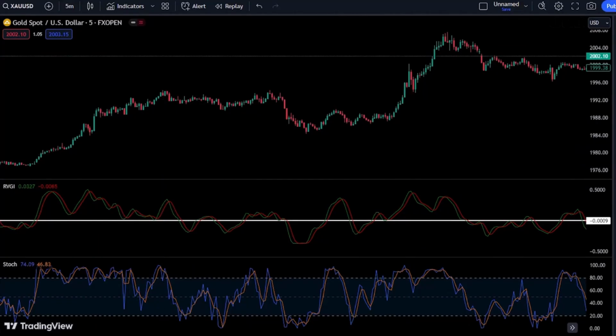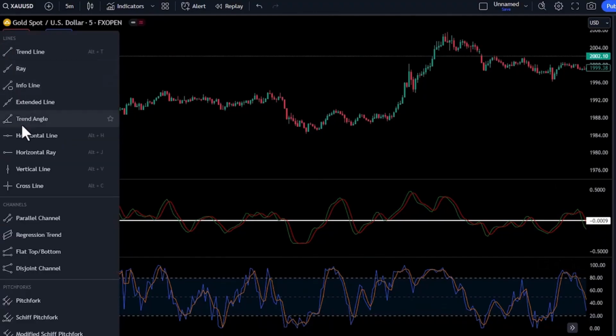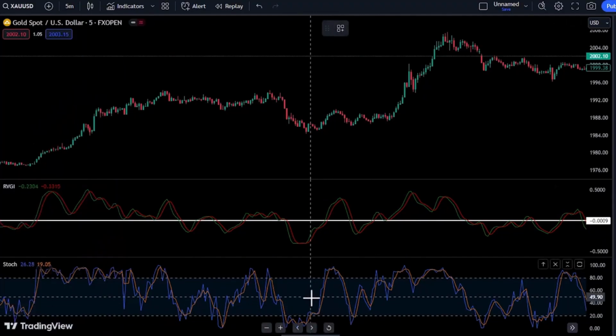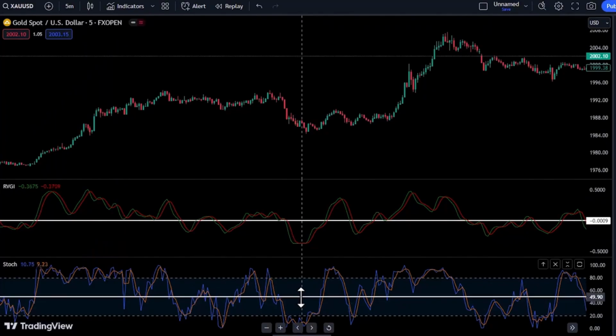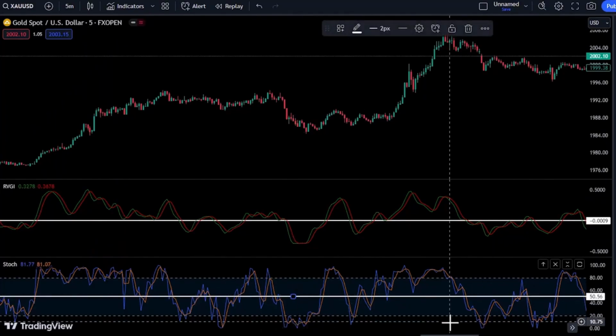Let's see how we can create good profitability for ourselves by combining these two oscillators. Well, our method works like this. Let's set the horizontal level at 0, the 50th stochastic as our target.